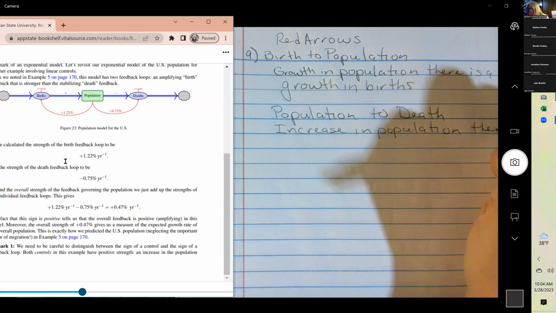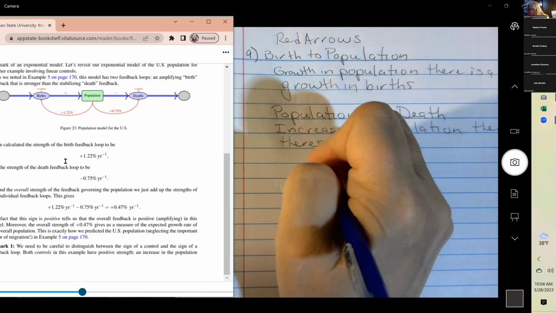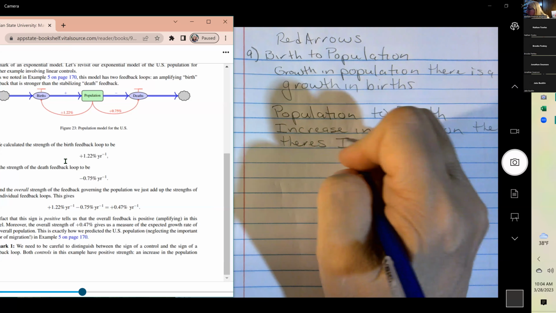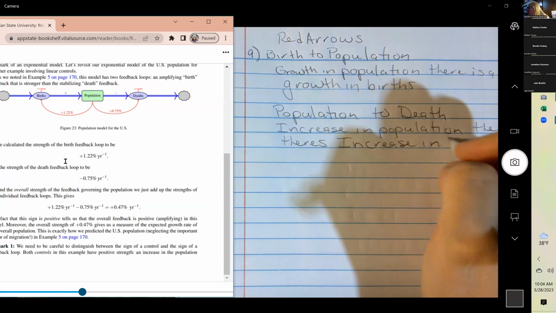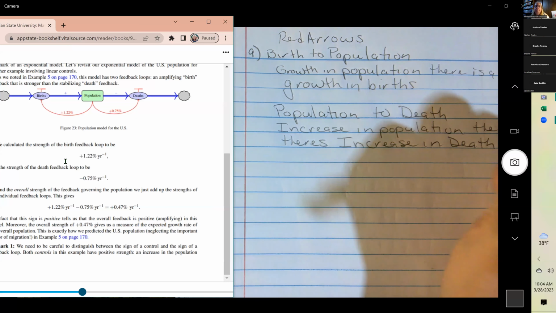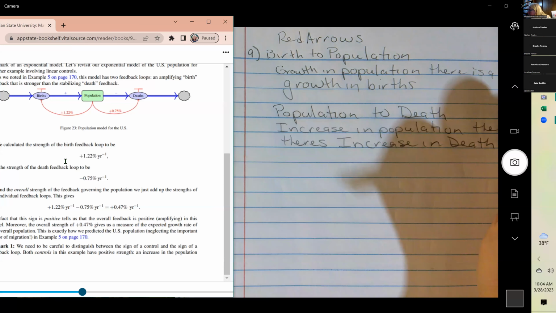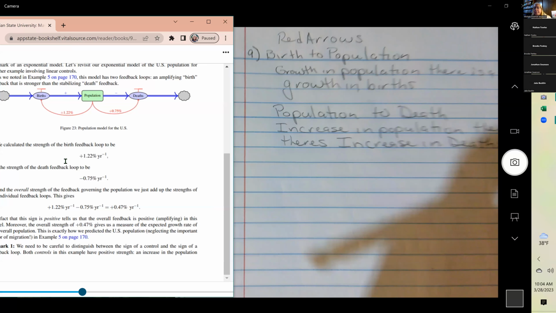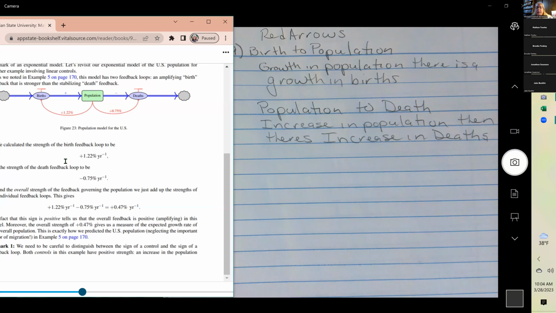Then there's, and it's positive, so increase in death. That's what the red arrow would tell you.